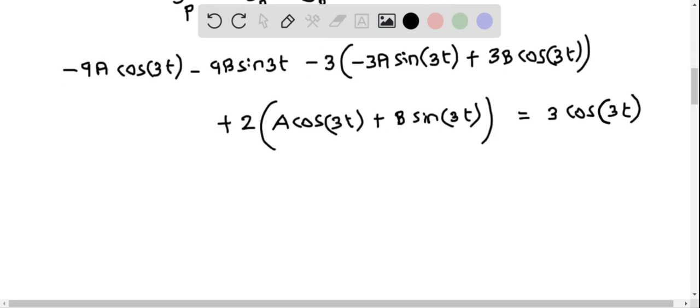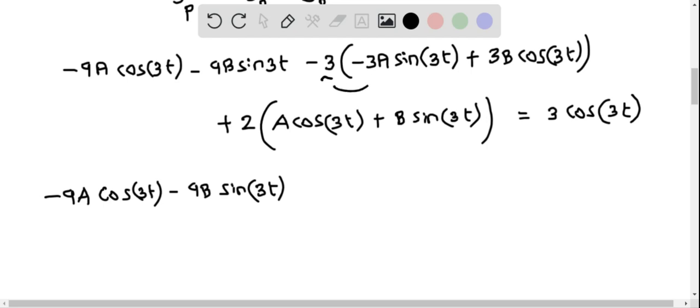So let's do this. The first two terms remain the same. So I write out negative 9a cosine of 3t minus 9b sine of 3t. Let's distribute the negative 3 inside the two terms.